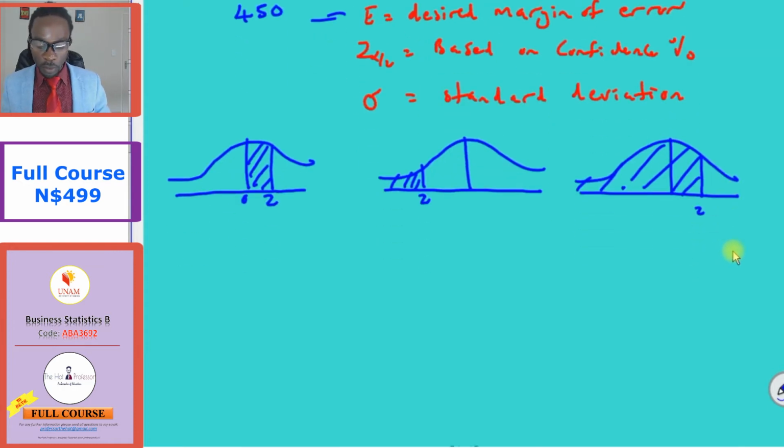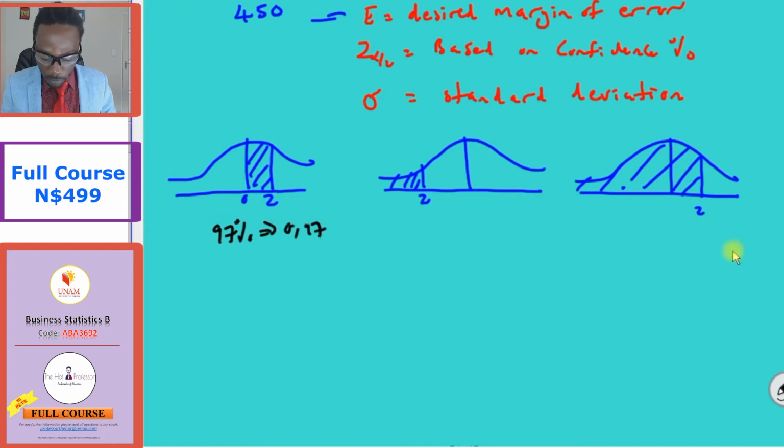Alright, if we are using this first table, it is going to be very simple. You just take your percentage, 97%, convert it into a decimal, which is 0.97.